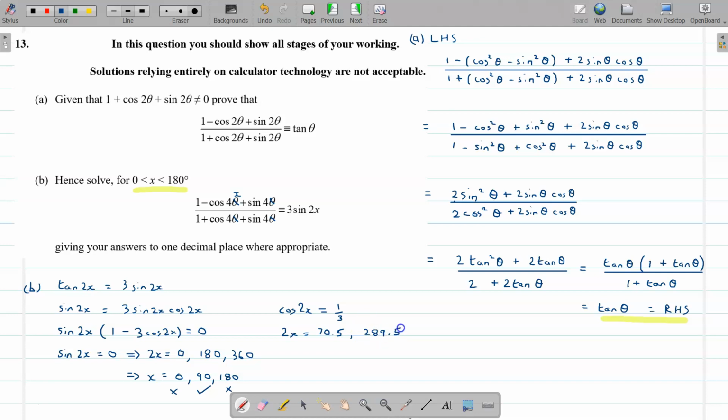Okay, now they're the only ones that will come into range, because x will be half of that, which is 35.3, okay, and 144.7.